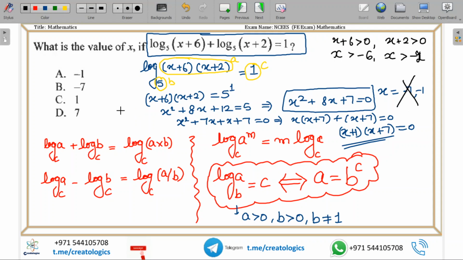So the only possibility for this is negative 1, because you need only that value of x which is greater than negative 2, and you know on the number line it's 0, it's negative 1, it's negative 2, 1, 2 and all. Negative 1 is more than the negative 2. Okay, so option A is the correct answer for that.